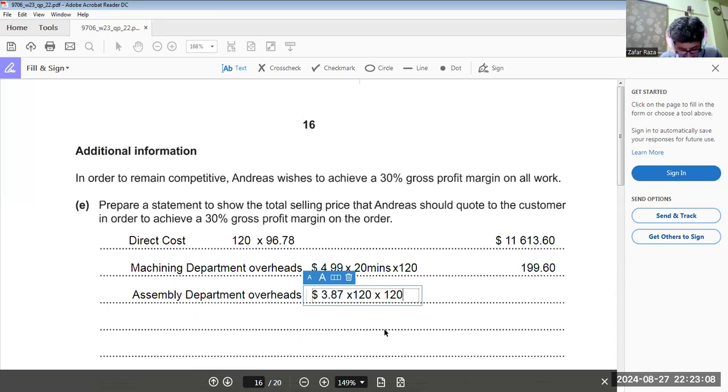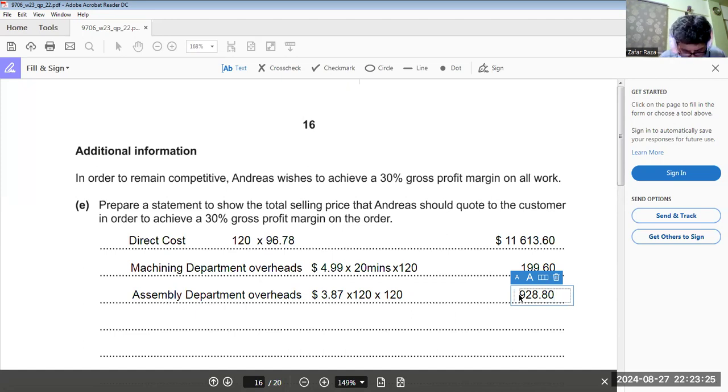That would be 928.8. 928.80. This is cost from the assembly department.